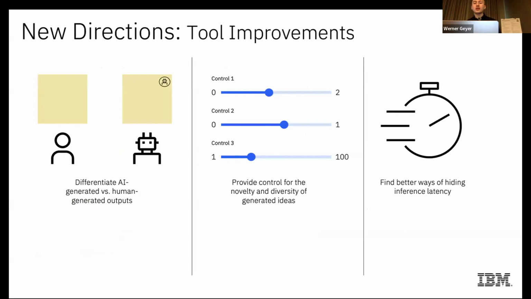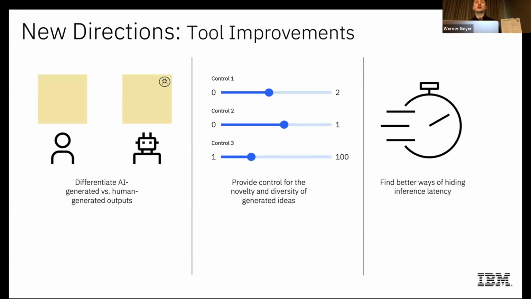The development of the collaborative canvas, as well as our preliminary study, uncovered new areas to explore around tool improvements and research directions. Talking about the tool improvements, the participants wanted to see a difference between the sticky notes that are generated with the AI from those that are generated by the users.